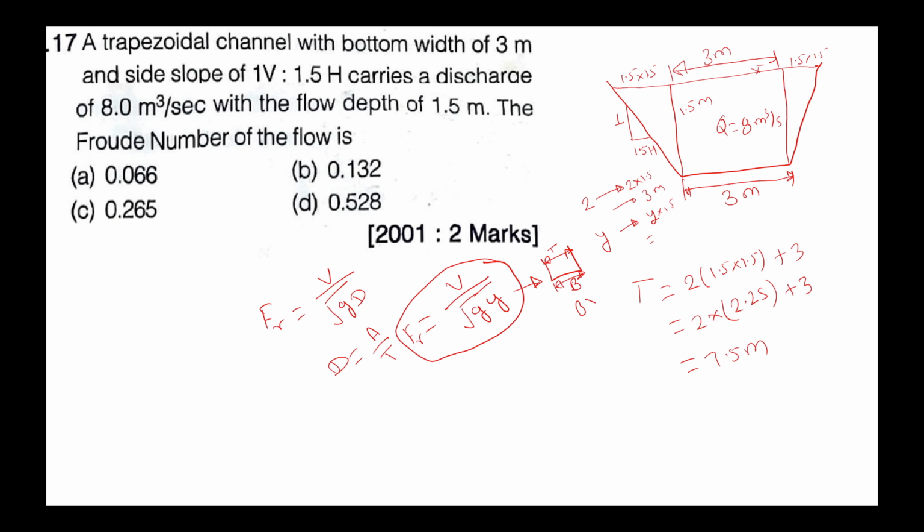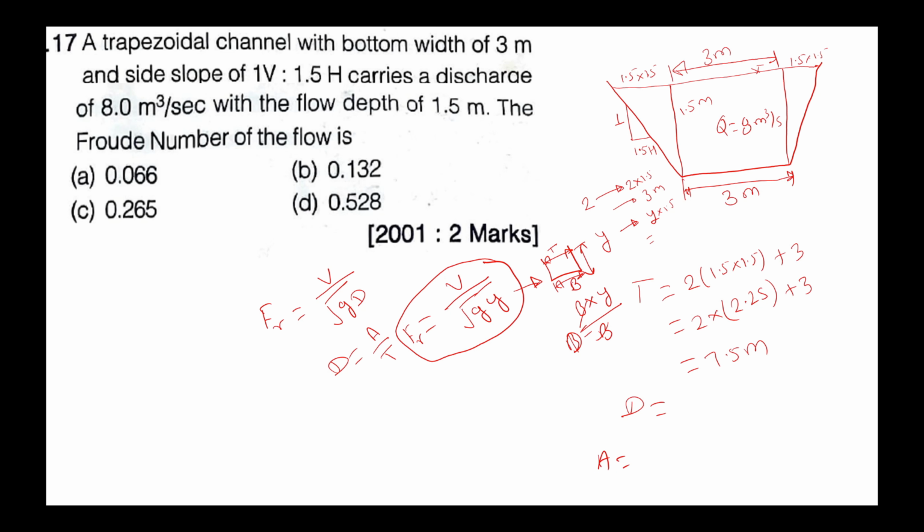So if you will multiply here B into Y, this is Y, and this is your top width, B is equal to T. So here D will come, in case of rectangular channel, Y, but here in the trapezoidal case it will be different. So how much D? Area, how you will calculate the area of the trapezoidal section?